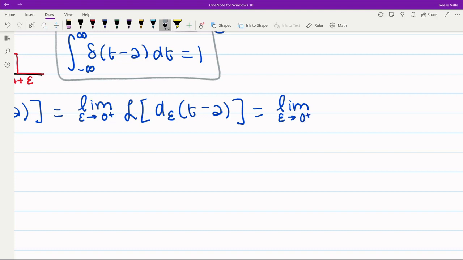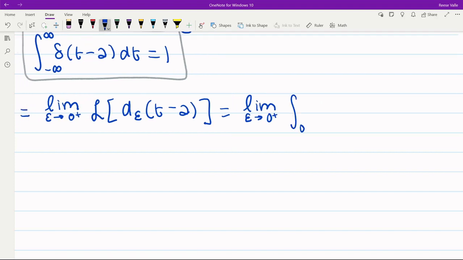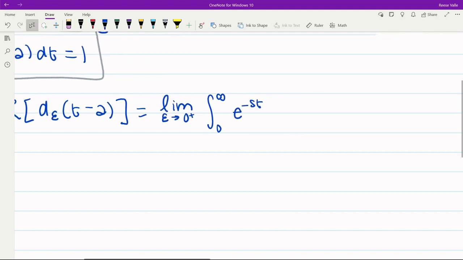Then we're just going to use the definition of a Laplace transform. So it's going to be the integral from 0 to infinity of e to the negative st times our function d sub epsilon of t minus a dt.